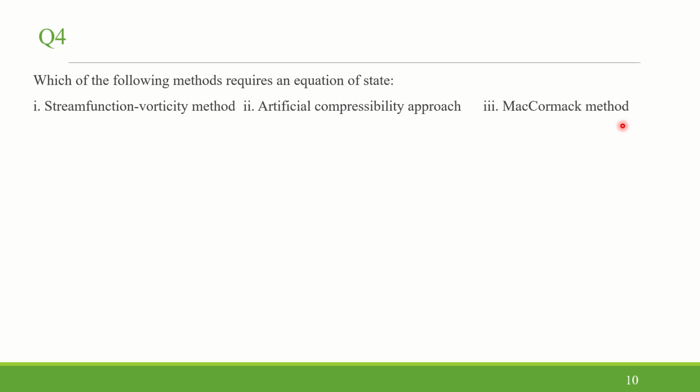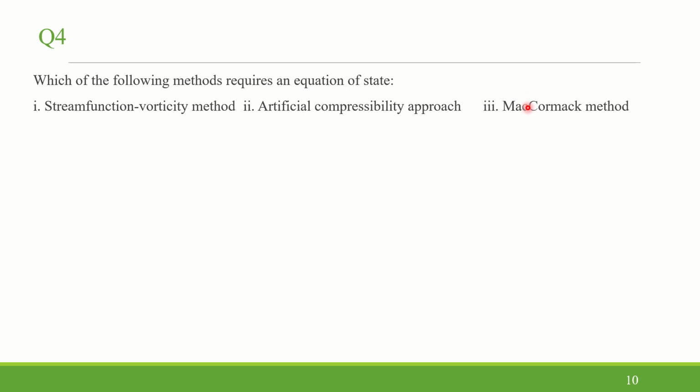Why? Because we know that the artificial compressibility method is similar to the compressible flow method, and we have the need for the calculation of the pressure through the equation of state, similar to how we do it in the compressible flow solution.